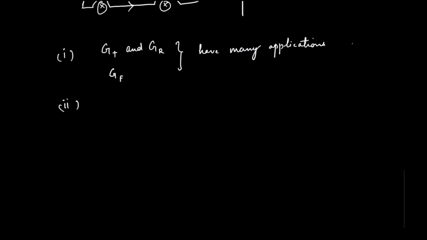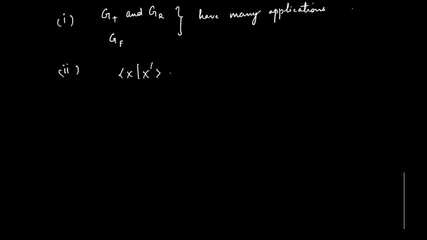And so far we have seen the correlation function of 2 points, just x and x prime. But in principle we can consider more general correlation functions. Also we have seen this in the vacuum state, ⟨0|φ(x)φ(x')|0⟩, something like this.